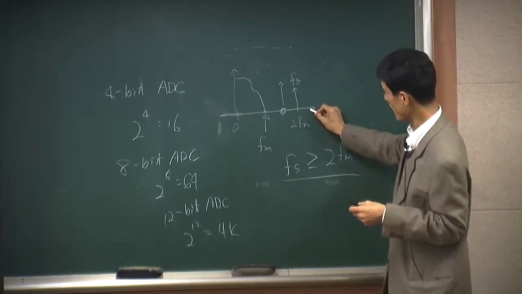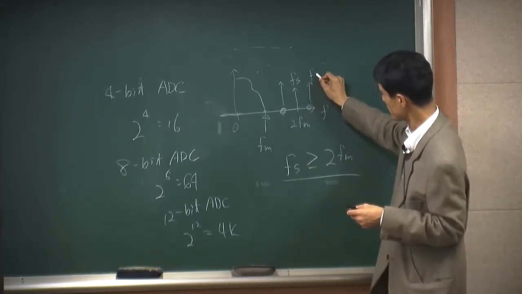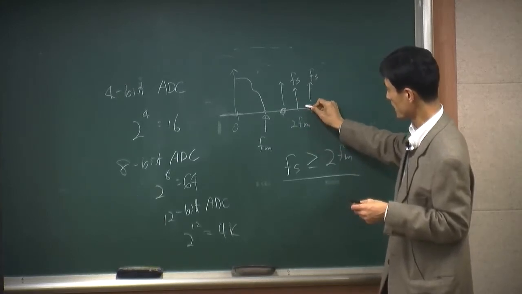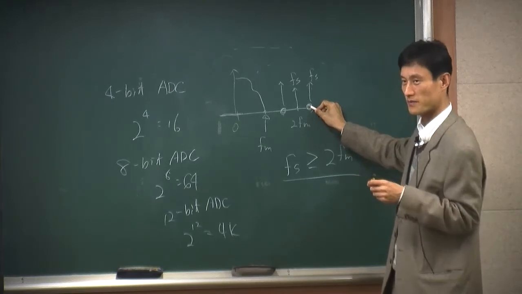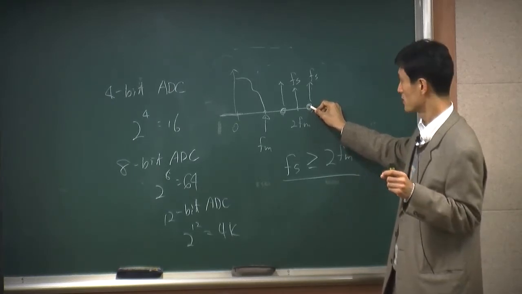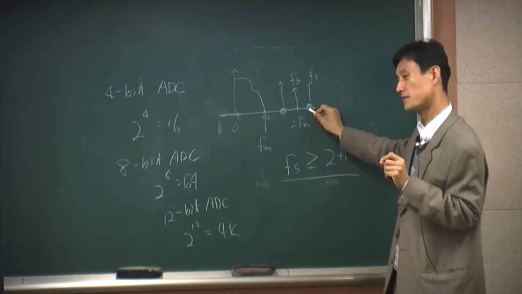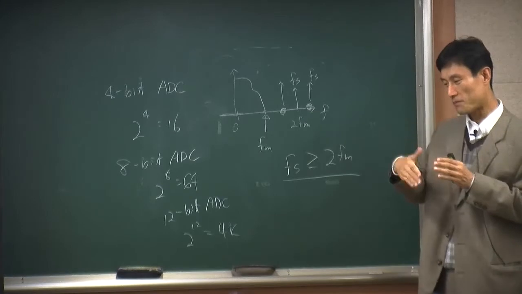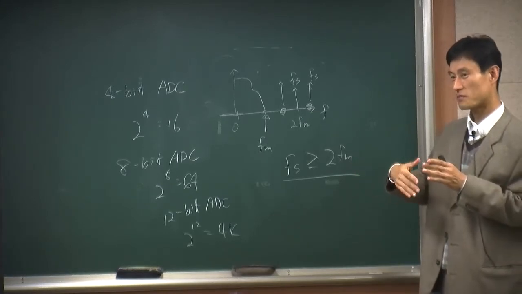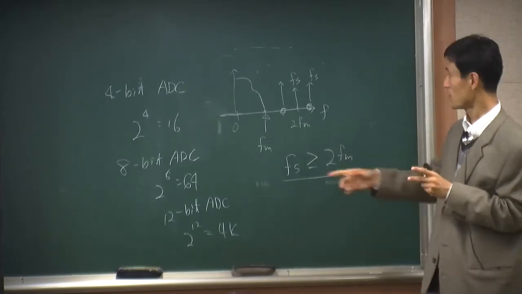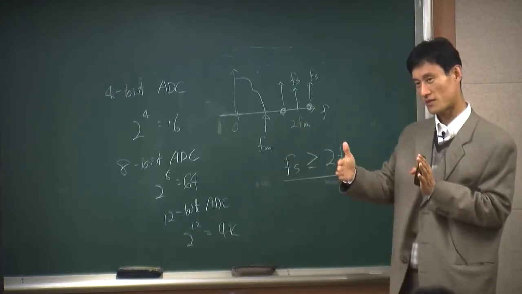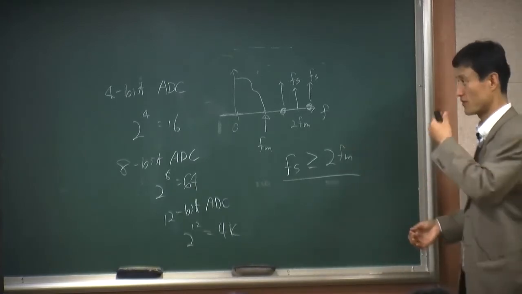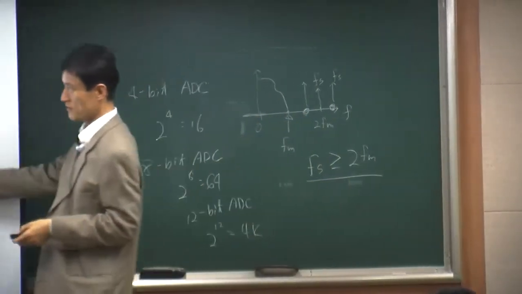But if your sampling frequency is higher than 2 FM, you don't have any aliasing problem. You are not going to lose any information. But what's the problem? Complexity. You are sampling faster than necessary. You need only this sampling frequency, but you are doing much faster, so complexity is a little bit higher. That's the Nyquist sampling theorem.